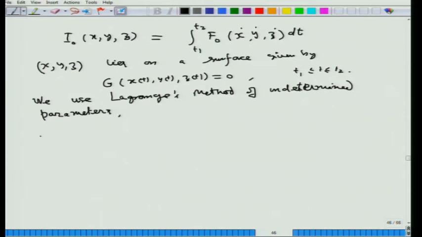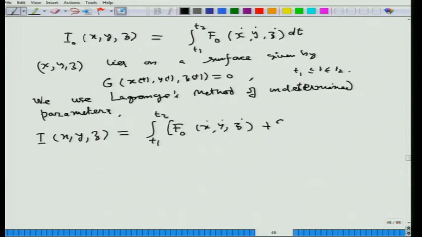So, we consider this I of x y z as integral from t 1 to t 2 of f 0 of x dot, y dot, z dot plus some lambda t.